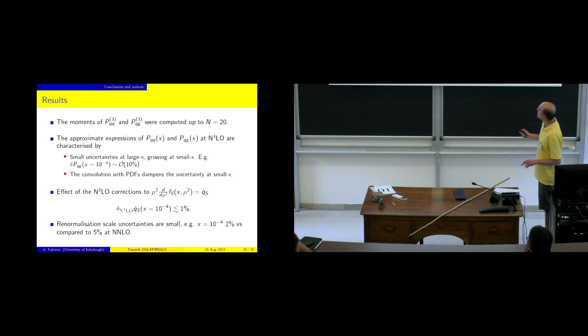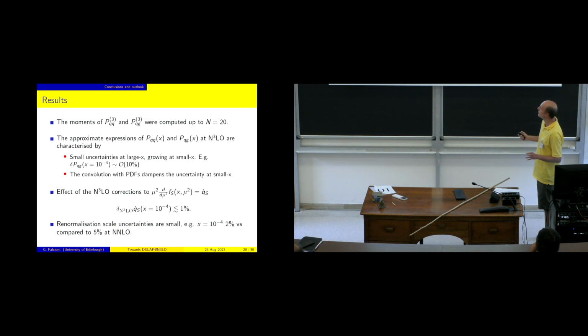So I presented the result for 10 moments of quark-to-quark and gluon-to-quark splitting, the first 10 moments, and approximations of the X-space results. The message is we always get larger error at low X, and okay, the quark-to-quark is pretty well under control.